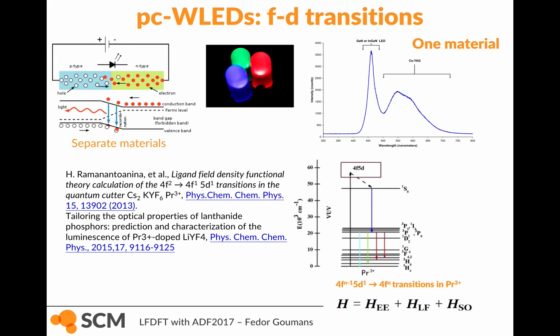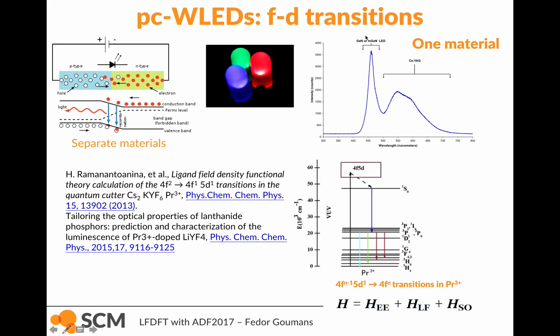However, if you have a material that itself emits blue light, but is doped with a lanthanide that can emit red and green photons, one can make a device where you emit white light from a single material.